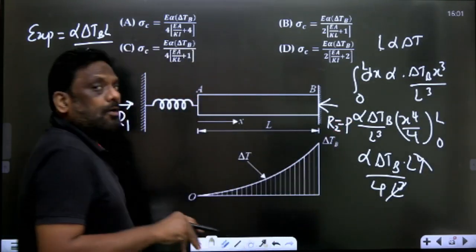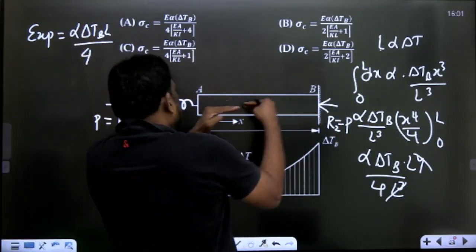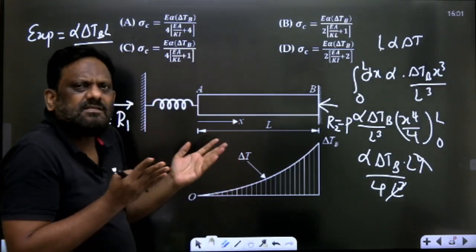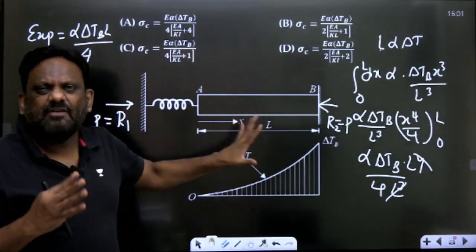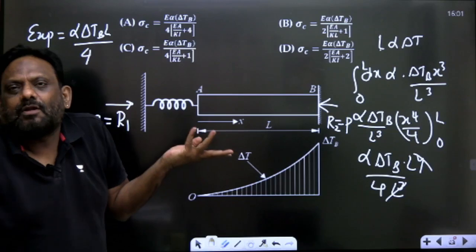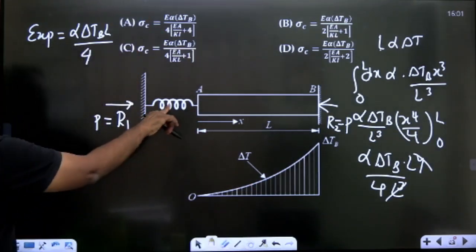So now the net expansion should be compensated by the compression in the spring. That's it. The total compression of the spring and this rod should be equal to the total expansion which you have calculated. It is just a 2 minute question, sir. Look, what is the compression?